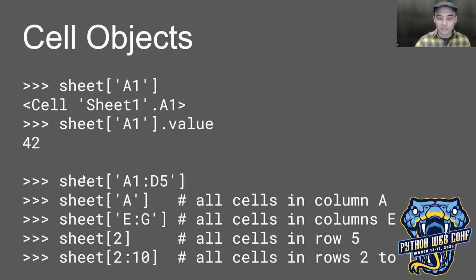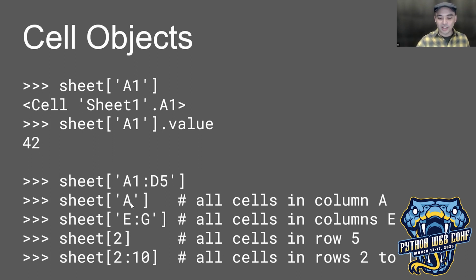Now, if you want to deal with multiple cells at once, you could also specify an entire range. This is very similar to the Excel syntax for specifying a range of cells. So here I'm grabbing everything in this rectangular region of A1 to D5, and this will return a list of lists of cell objects, and those inner lists are just going to be rows of cell objects.